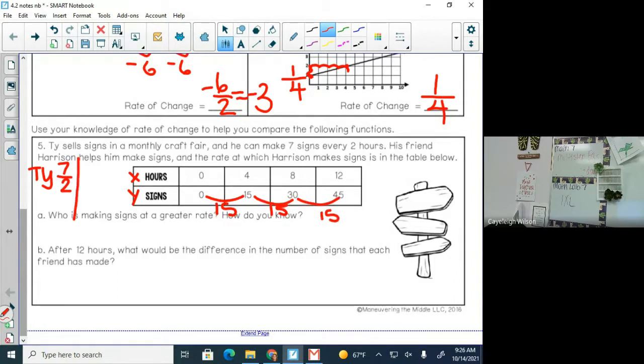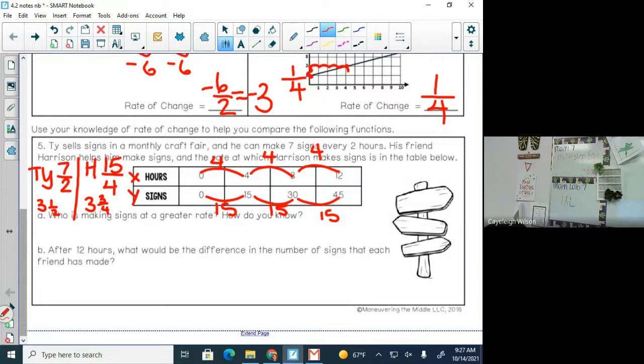So it looks like Harrison's change in the y is 15, and let's look at the hours. 0 to 4 is 4, 4 to 8 is 4, 8 to 12 is 4. So he's 15 fourths. Okay? So we said this is like 3 1/2 or 3.5, and 15 fourths is 3 3/4.